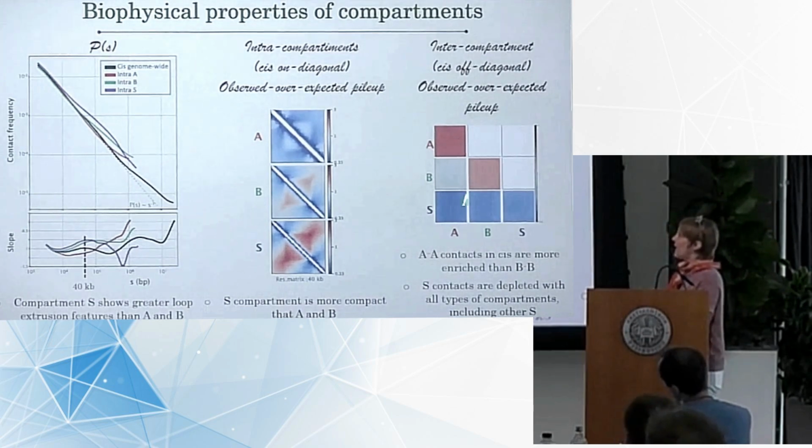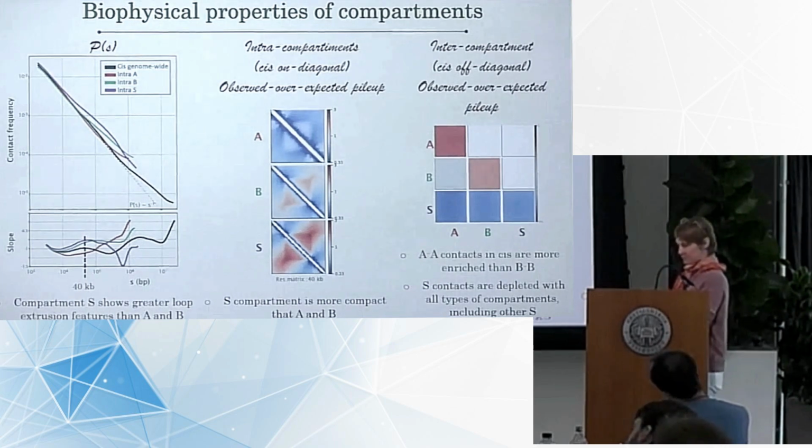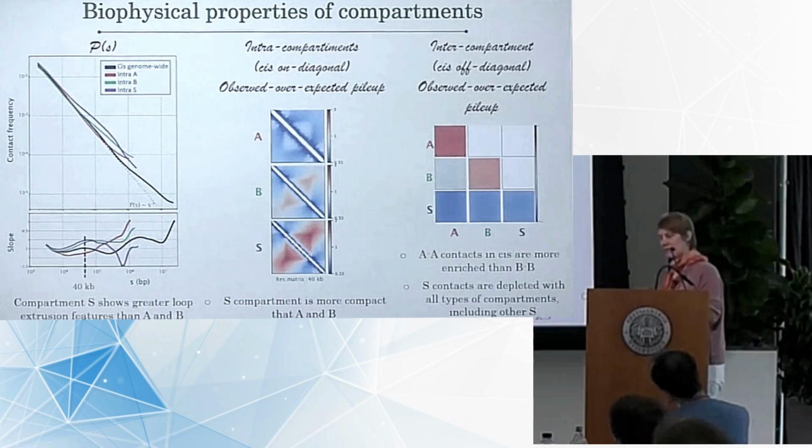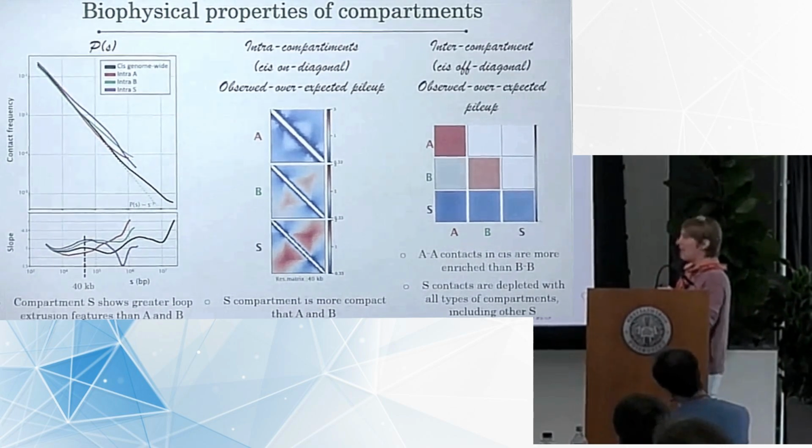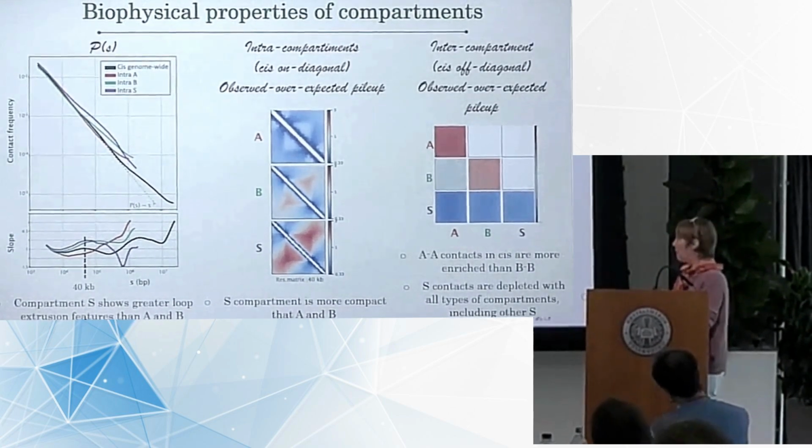And here we can see that AA interactions are higher than BB, while S is depleted in contact with all the different types, including other S compartments, and AB is neutral. So all of this is consistent with the model, and we want to explore more of this to see if we can validate some of the findings.